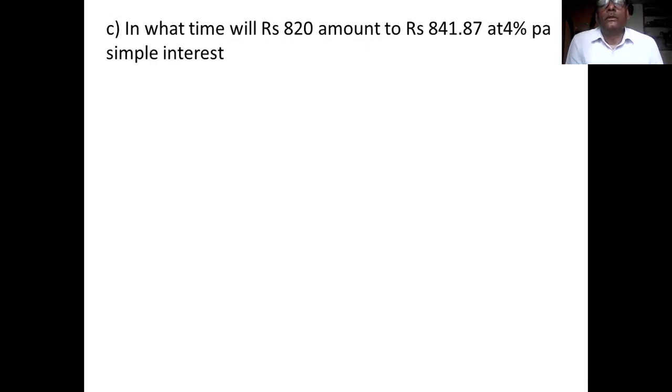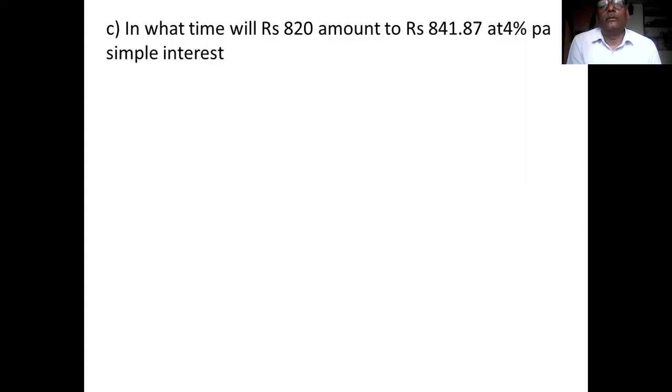Third problem: in what time will rupees 820 amount to 841.87? If you give 820 rupees to the borrower, its amount will be 841.87 at 4% per annum simple interest. What is the time?